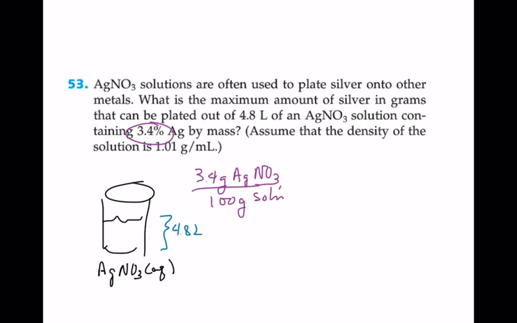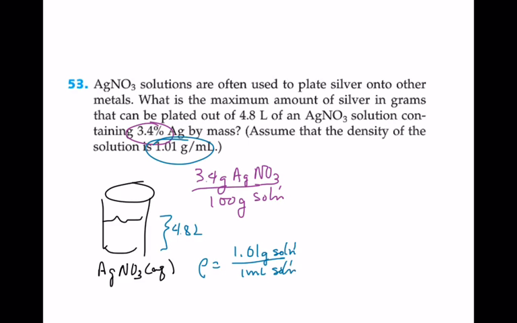The last bit you need to work this problem is very important. They say that the density of the solution is 1.01. Anytime you have density of a solution, it's grams of the solution, SOLN, per 1 milliliter of the solution.